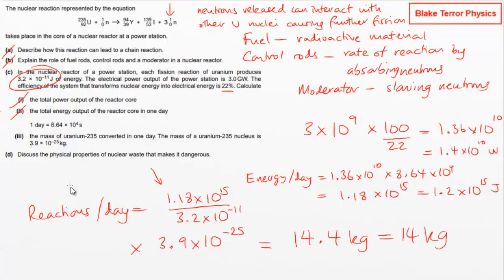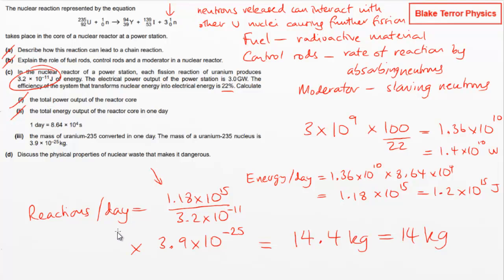Discuss the physical properties of nuclear waste that makes it dangerous. Right, well, it's highly radioactive. A lot of it has a long half-life. The problem with the radiation is it's ionizing, so it can damage cells and other natural organic material of that sort of type.